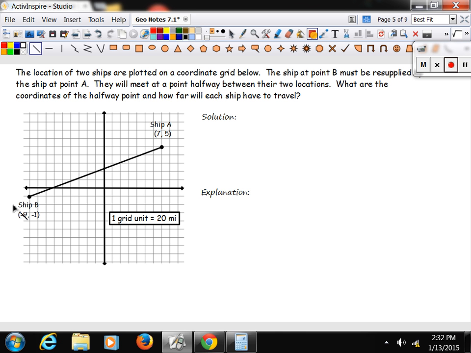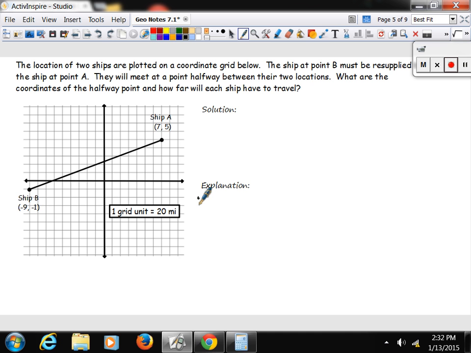Okay, now I gave you a midpoint formula first semester. You might remember. What is it? Close. Plus, because you've got to add them and divide by 2. You need to get the average of the 2 points. So we're going to put under explanation, use midpoint formula.